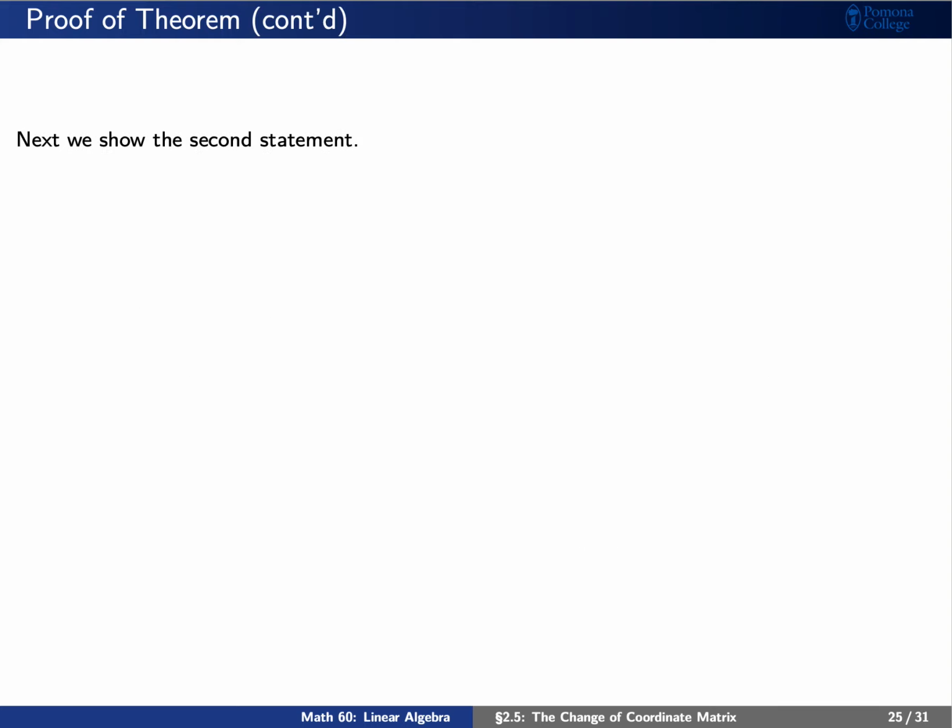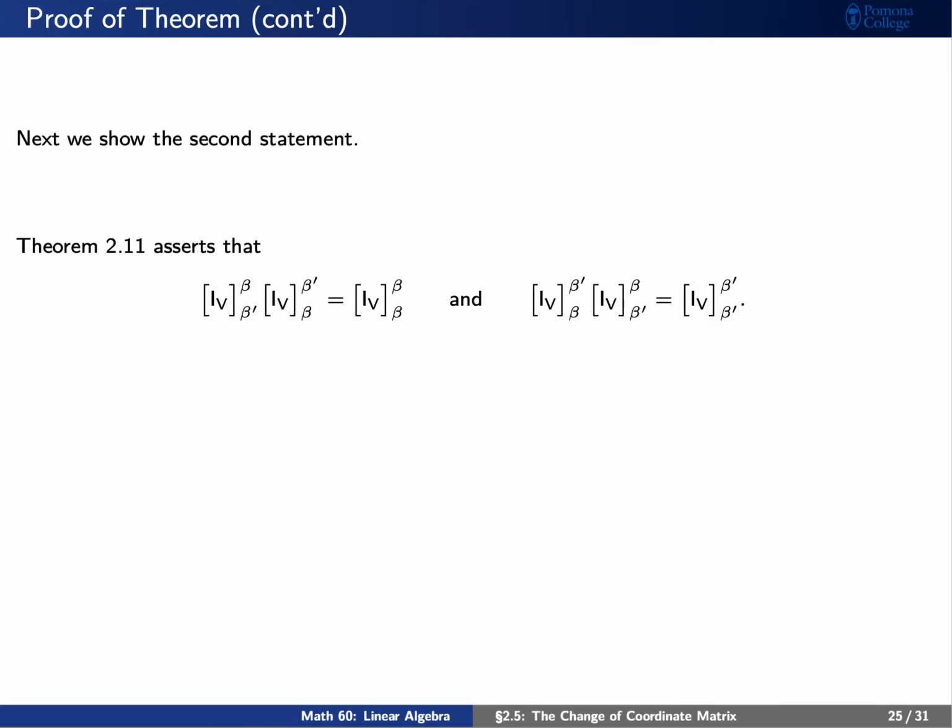Now let's show the second statement. If we simply take a look at the composition of our mapping I sub V, then nothing really happens because it's the identity map. But what will happen is a statement about the product of the matrices that we have going from the basis beta to beta prime.